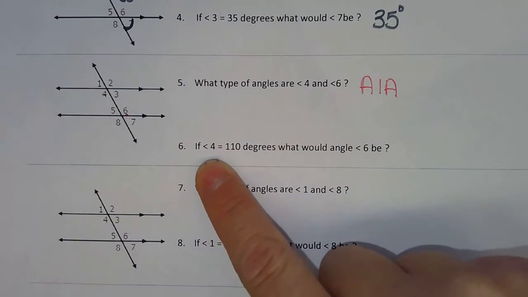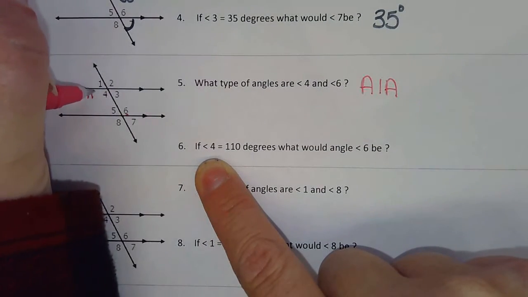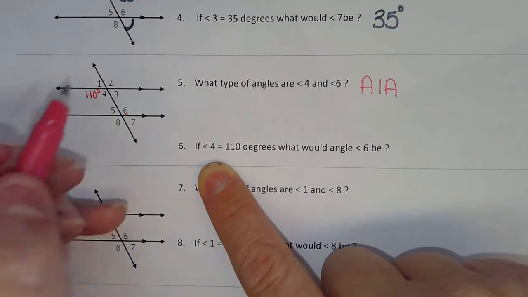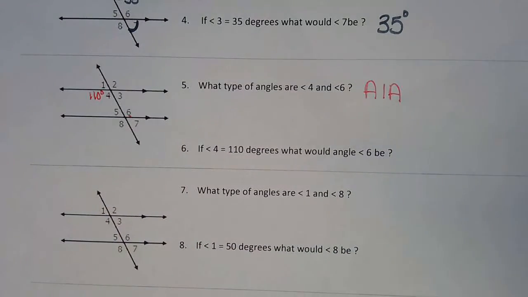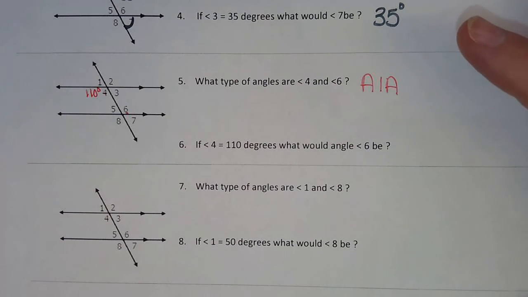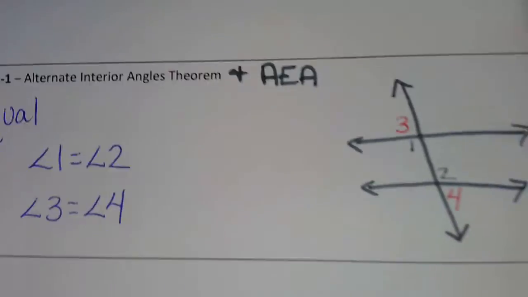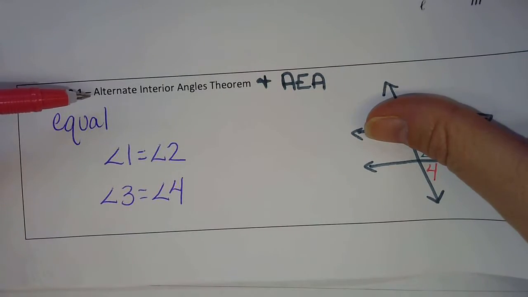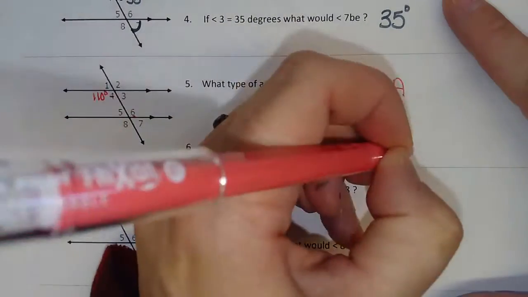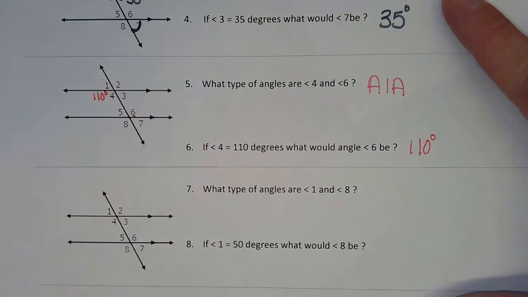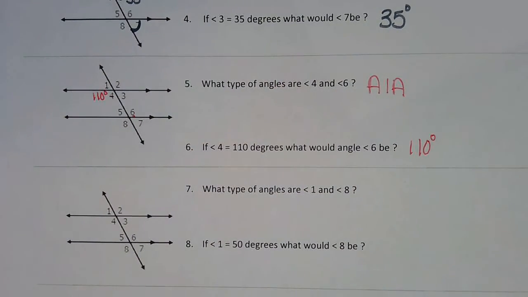And then they tell you that angle 4 is 110. So they want you to find angle 6. So you have to ask yourself, are alternate interiors equal to each other or do they add up to 180? What is it? You just wrote in your notes, alternate interiors are equal. So if angle 4 is 110, angle 6 has to be 110 as well.